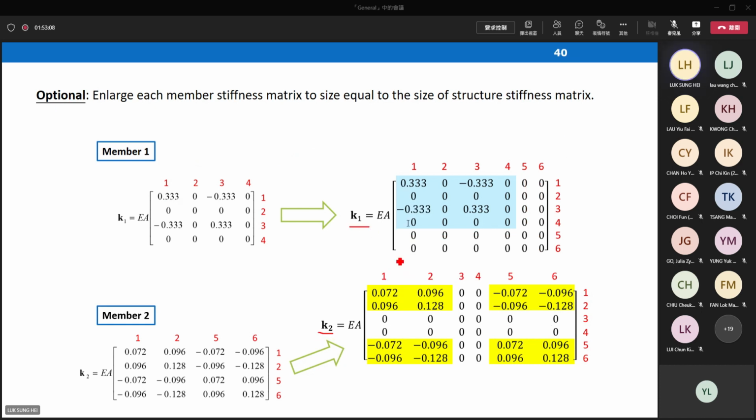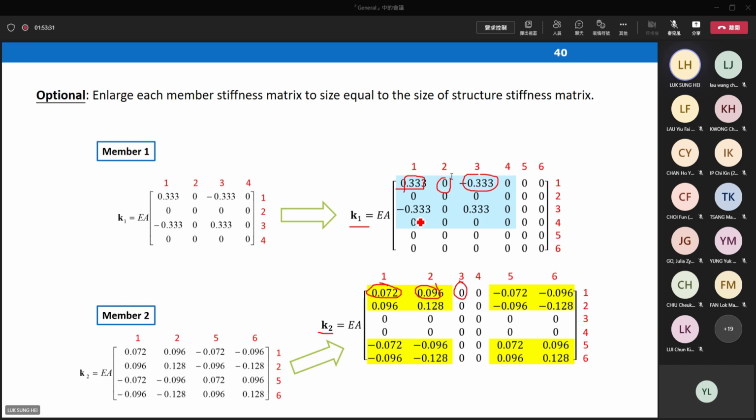This may help you to visualize which element should add up with the others, making it easier to observe. So, for example, this one adds up with this one because they have the same arrangement, and so on. This procedure is optional, but it can help you to visualize how to combine them together.